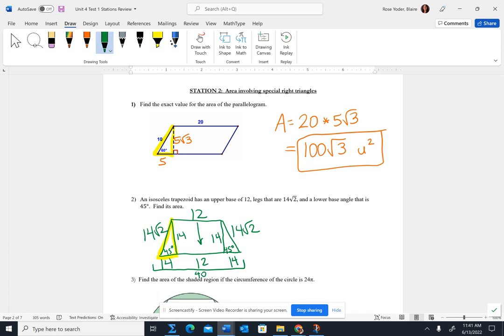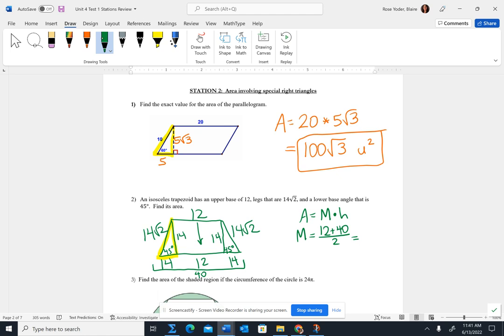So there's a few different ways to find the area of a trapezoid, but let's use the formula that we learned, which is mid-segment times height. To find the mid-segment, we need to average the two bases. So I'm going to add up 12 and 40 and divide by 2. Try that and see what you get.